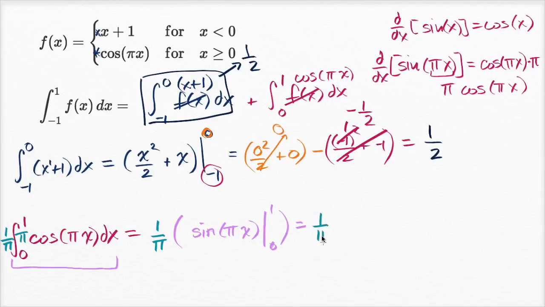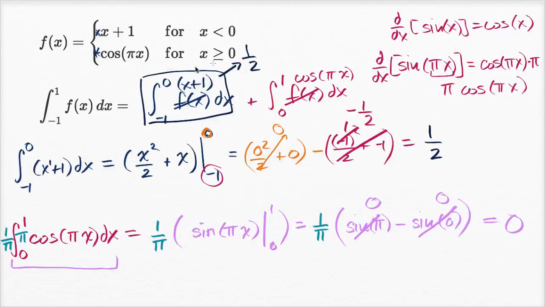My hand is not listening to my mouth. 1 over pi times sine of pi minus sine of pi times 0, which is just 0. Well, sine of pi, that's 0. Sine of 0 is 0. So you're going to have 1 over pi times 0 minus 0. So this whole thing is just all going to be equal to 0.